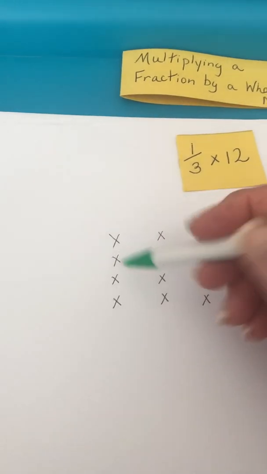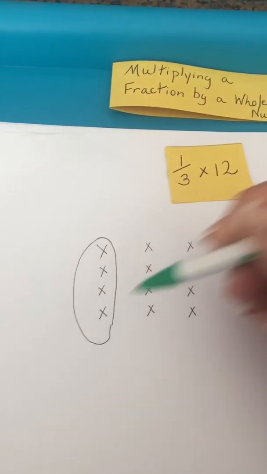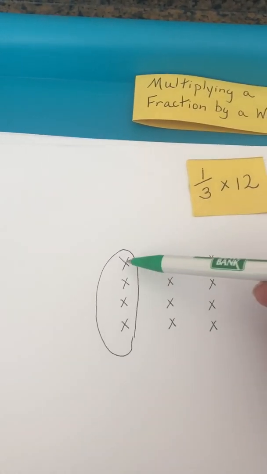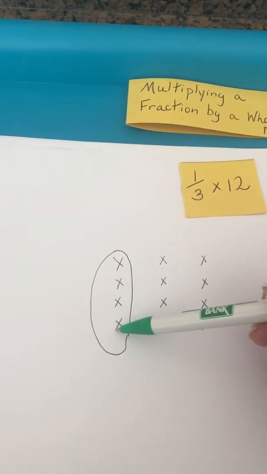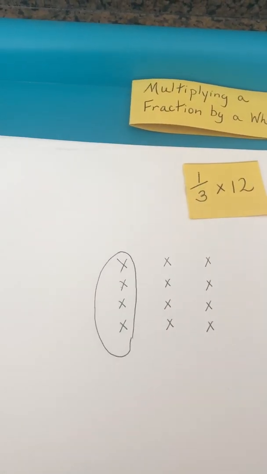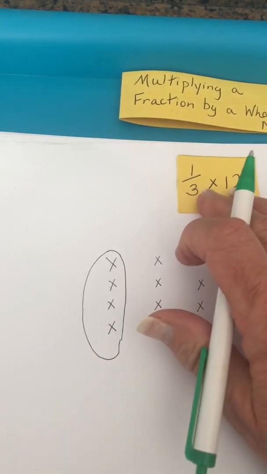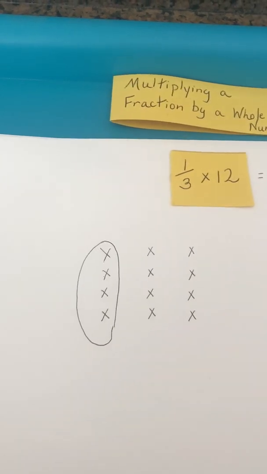So I'm going to circle one of those 3 groups, and I'm going to count what's in there. 1, 2, 3, 4. So the answer to my problem, 1/3 times 12, would give me 4.